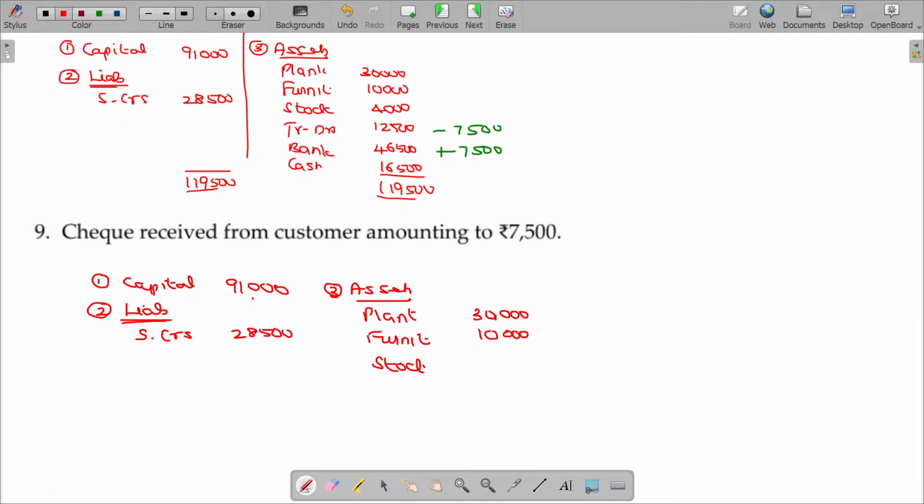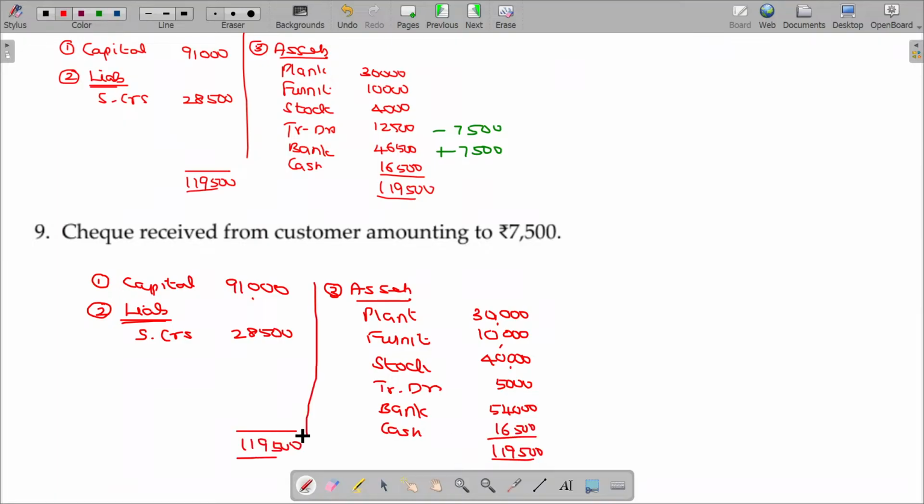Stock, the value 40,000. Trade debtors, 12,500 minus 7,500, new value being only 5,000. Instead of that, the bank balance will be increasing by 7,500, 54,000. Am I right? Now this value is 54,000. What about the cash? Cash remains as it is.